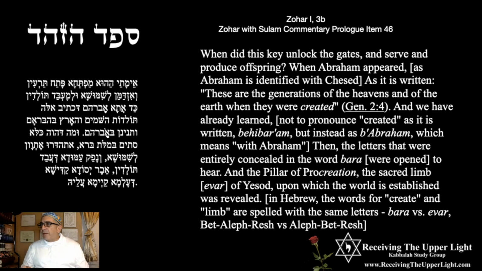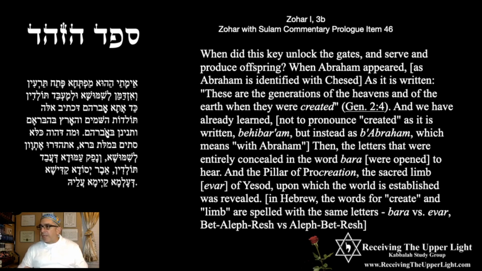And we have already learned not to pronounce created as it is written, Behibaram, but instead as Be'abraham, which means with Abraham. Then the letters that were entirely concealed in the word bara were opened, and the pillar of procreation, the sacred limb of Yesod upon which the world is established, was revealed.